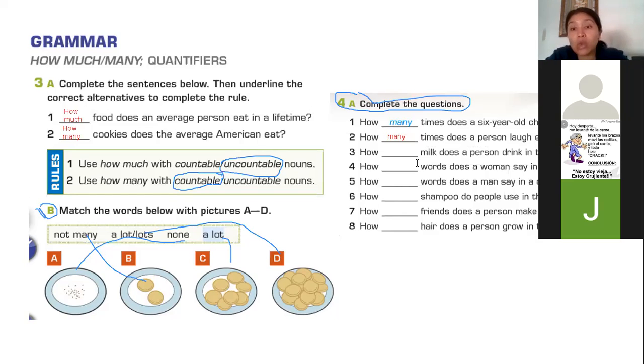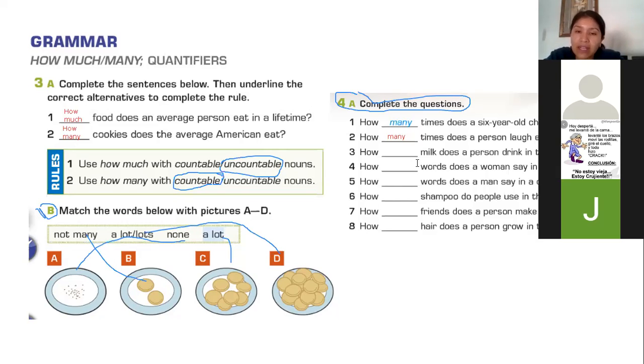Si yo digo how many times, estoy preguntando cuántas veces y puedo contar las veces. Si dijera tiempo, o sea, solo, entonces tuviera que ser how much time, right? Ok. Y serían preguntas diferentes, porque si yo digo how much time, me refiero a qué tanto tiempo. Y how many times ya se refiere a qué tantas veces.